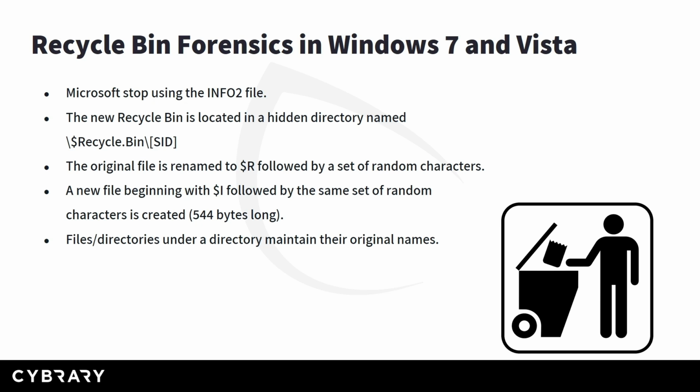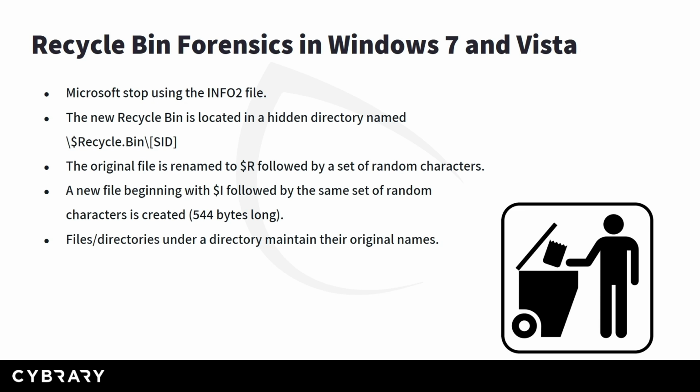The behavior is a bit different when you move a directory to the recycle bin. The directory name itself is renamed to $R followed by a set of random characters, but the files or directories under that directory maintain their original names. A $I file is created just as when deleting an individual file, containing the original directory name, date and time deleted, and size.